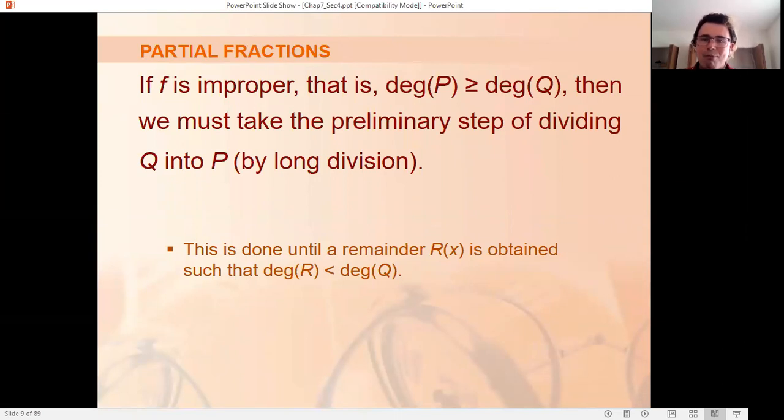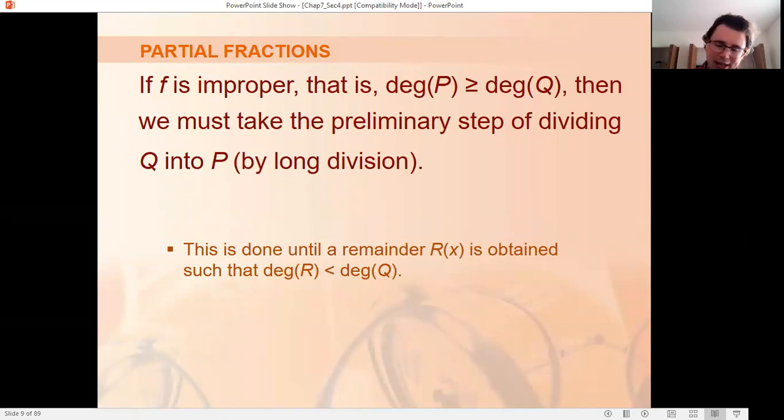If you have an improper rational function, then that's when the degree of the numerator is greater than or equal to the degree of the denominator. And what you're going to do in that situation is long division, just to get rid of those extra powers.